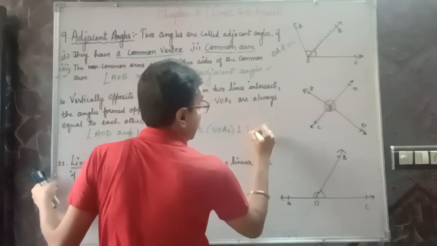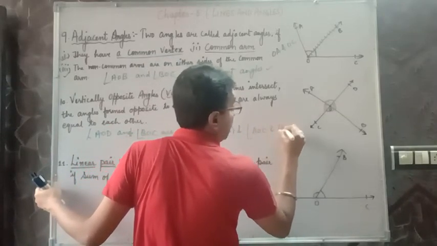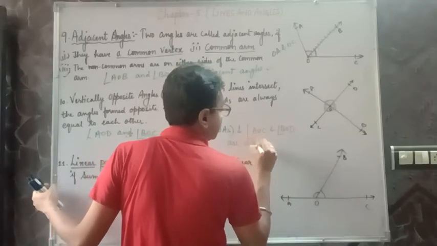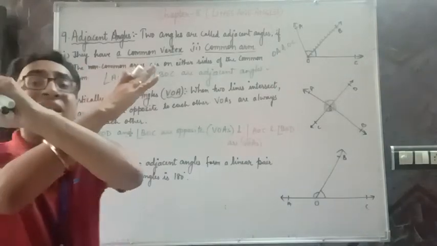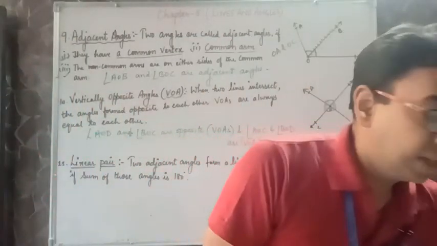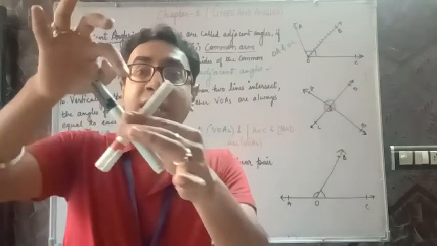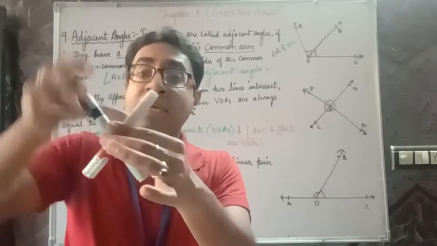Similarly, AOC and BOD are vertically opposite angles. Are we clear? Vertically opposite angles are formed when two lines intersect. For example, I'll take this. When two lines intersect, this angle and this angle are vertically opposite angles.